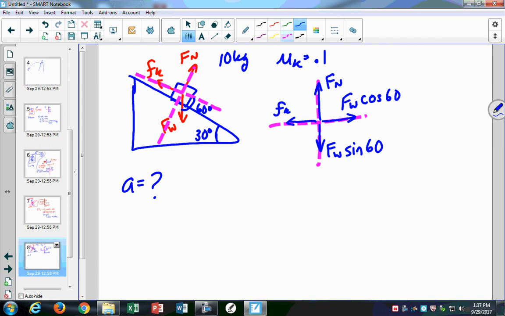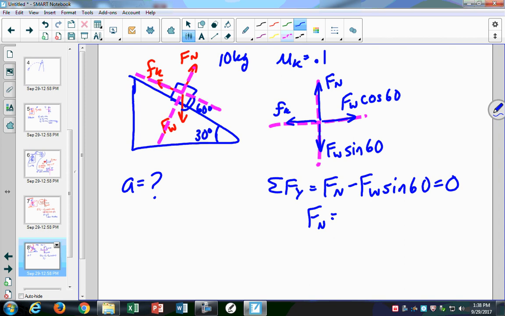I say the sum of the forces in the y equals Fn minus Fw sine of 60. This is always equal to 0 for the inclined plane. So Fn is equal to Fw sine 60, where Fw is 100 newtons. That's 10 kilograms times 10 times sine of 60.